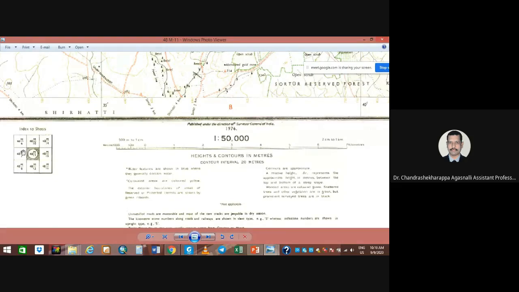On the top of the crustal part, you can see the surface visibly. You have seen the valleys, the rivers, the hills, the agriculture land, the rocky areas, big rock exposures like Nandi Hills.